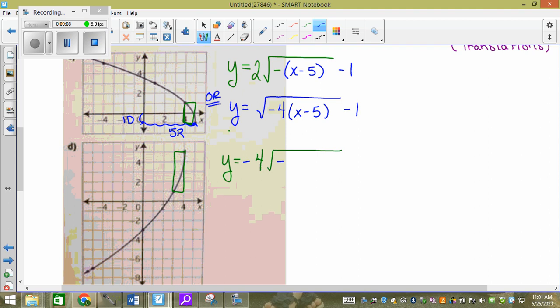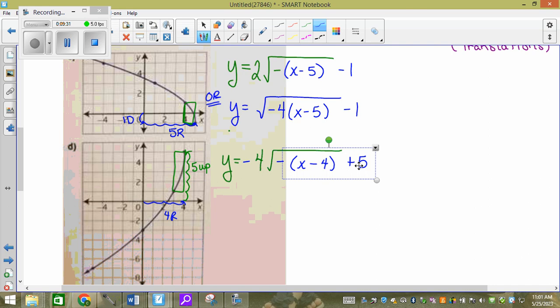Okay, transformation. I'm 1, 2, 3, 4 right, and 1, 2, 3, 4, 5 up. So I go x minus 4 plus 5.